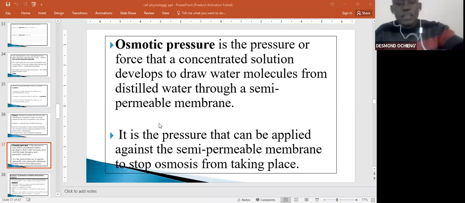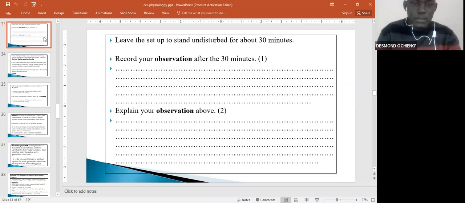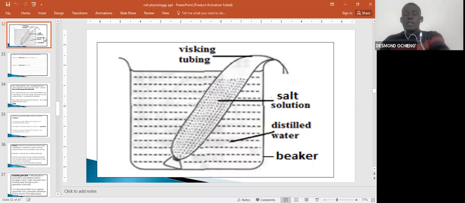I'm just trying to find the experiments that I can use, the diagrams there, to explain this. Great, look at this. We have two solutions here. One, we have the dilute solution, which is the distilled water. And then we have the concentrated solution, which is the salt solution.